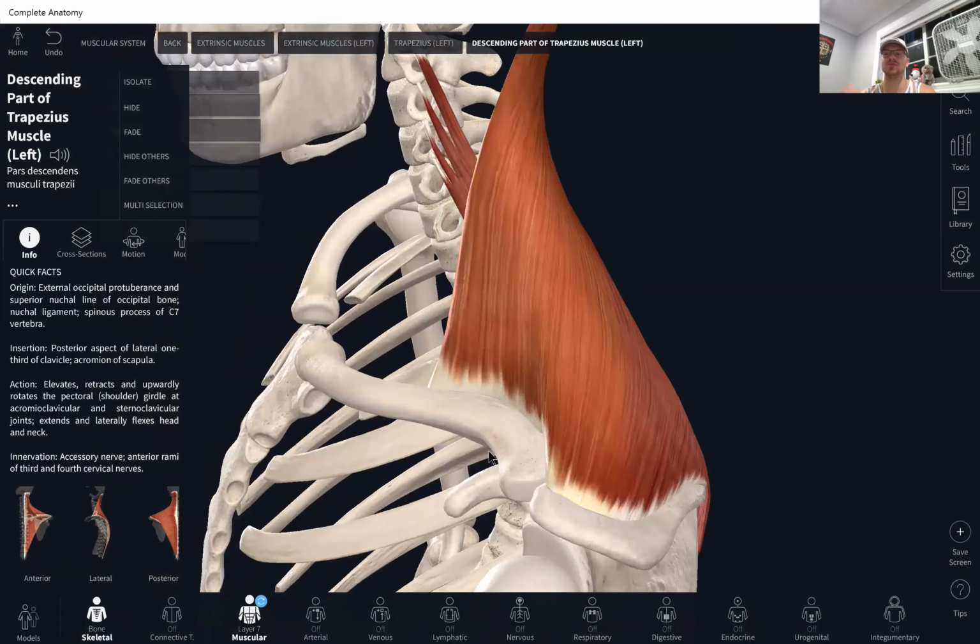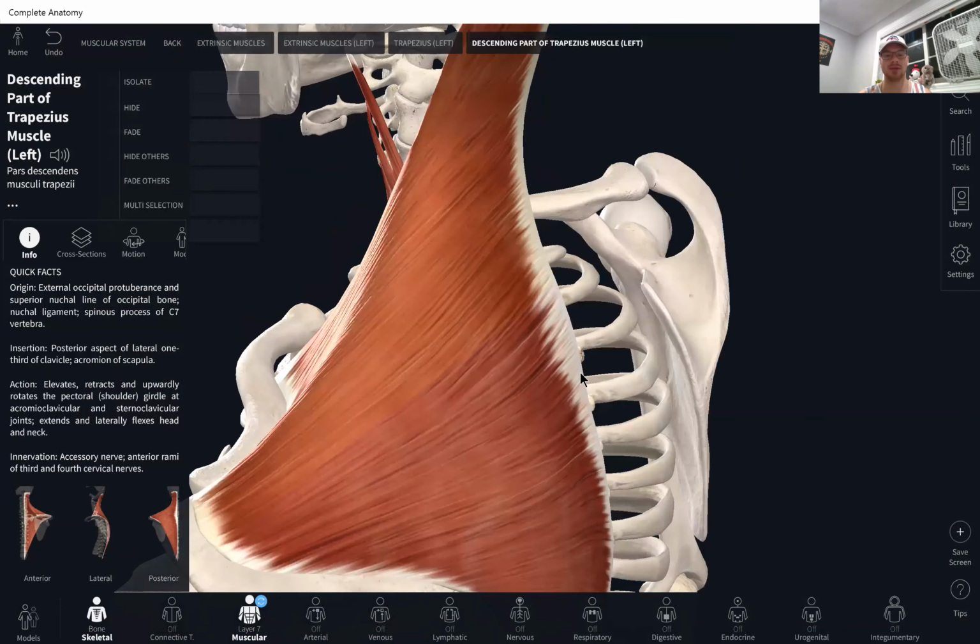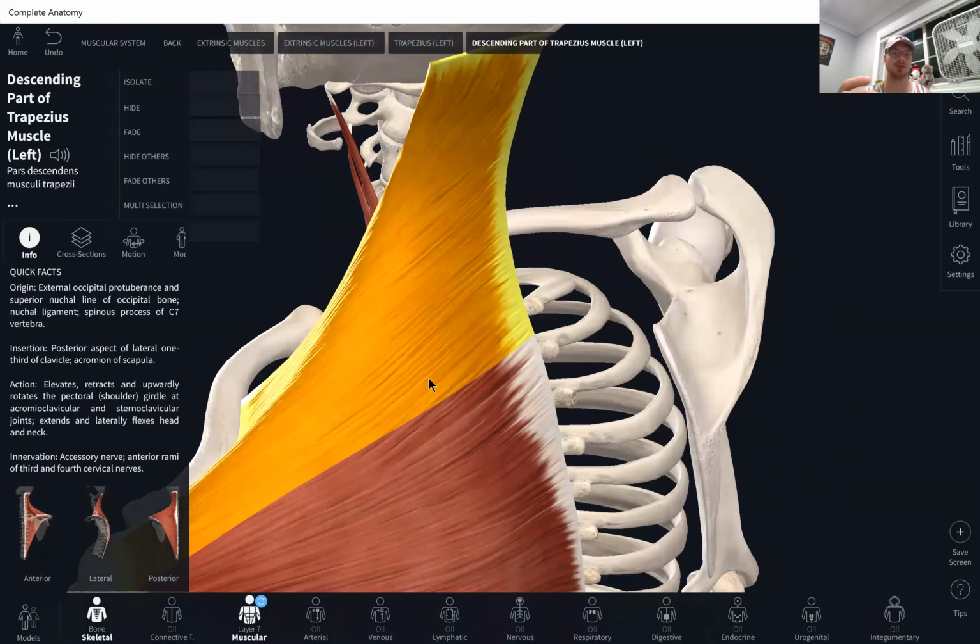And the function of the upper trap is to elevate the scapula and the shoulder. It'll rotate the head to the opposite side. So as this muscle contracts, the head will move the opposite way.